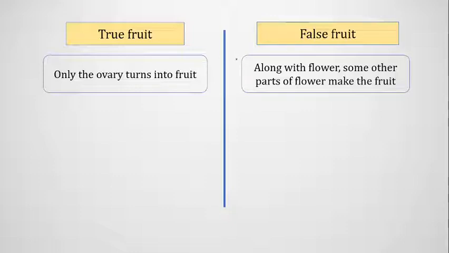And what are considered false fruit? Along with the ovary, if the fruit comes from the ovary as well as any other part of the flower, these developed fruits are called false fruits.